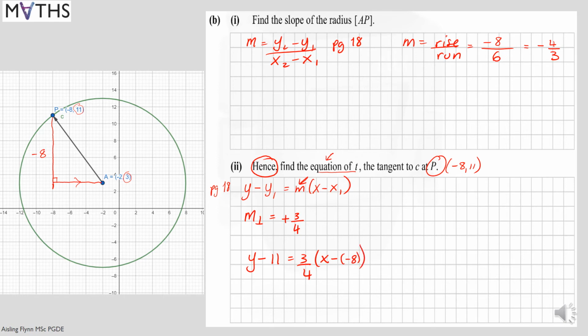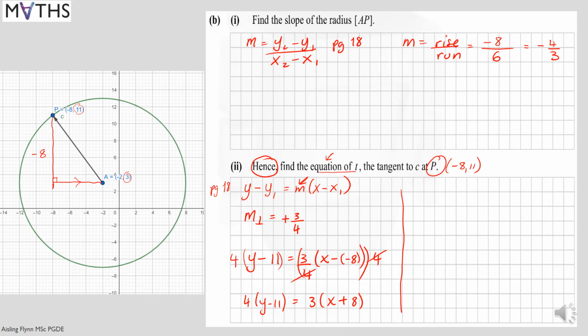We can multiply both sides by 4. The reason for that is that 4 divided by 4 is 1 and we no longer see a denominator. So we'll have 4 times y minus 11 equals 3 times x plus 8 within that bracket.